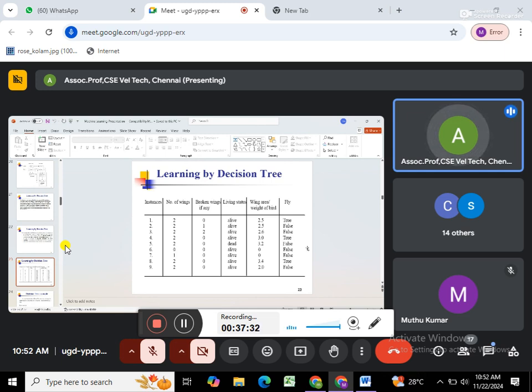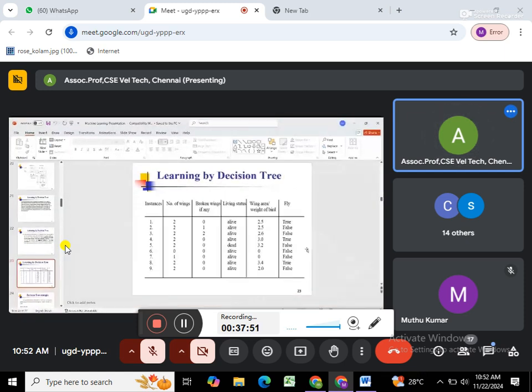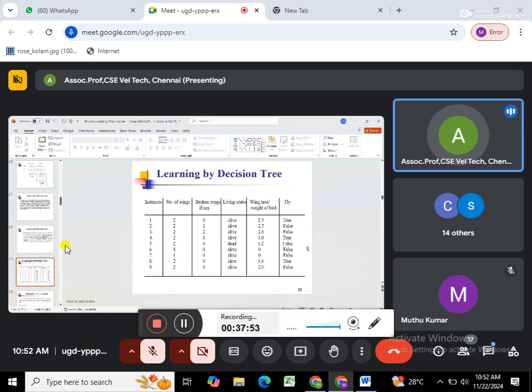Even though it is alive, and the value is 0, false. So many permutation combinations of parameter values we are adding for the number of instances. Now the ninth instance: number of wings is 2, broken wings 0, it is alive, but the value is less than 2.5, so it is false, it is not able to fly.